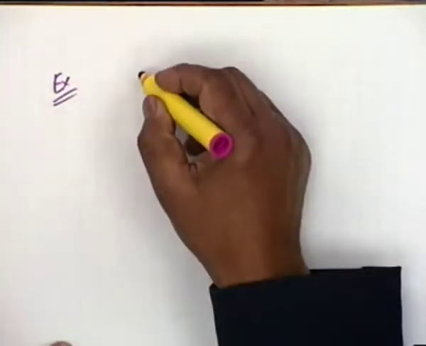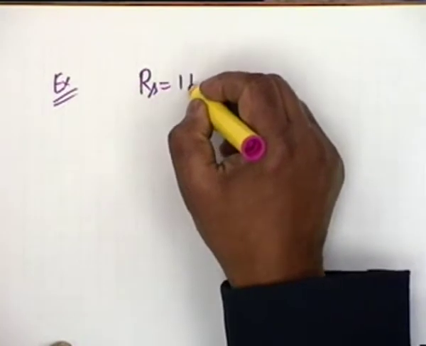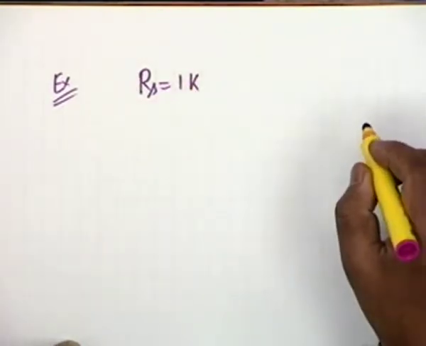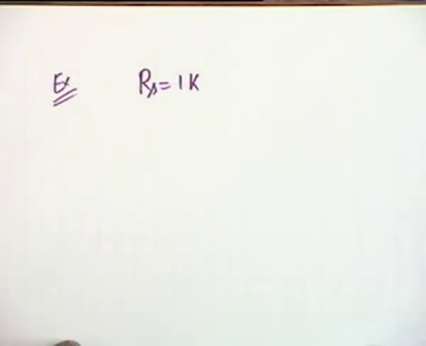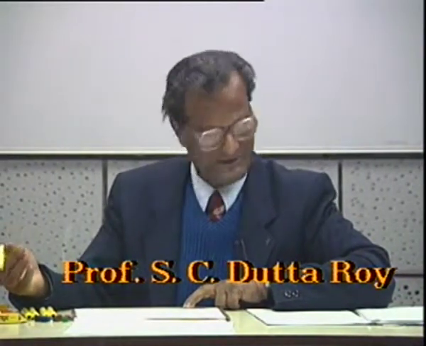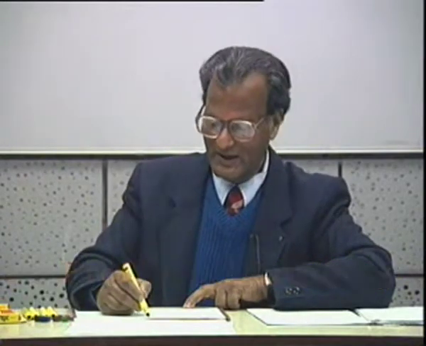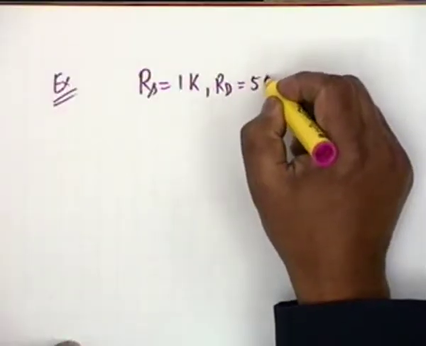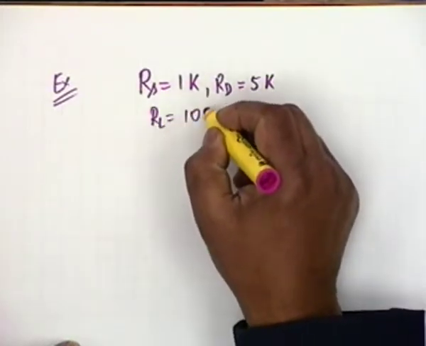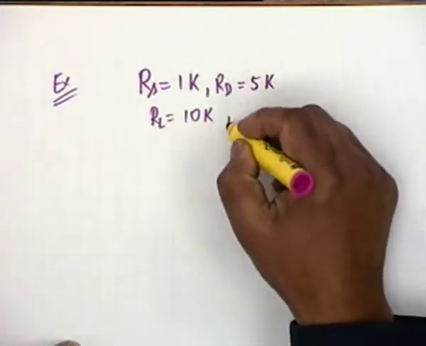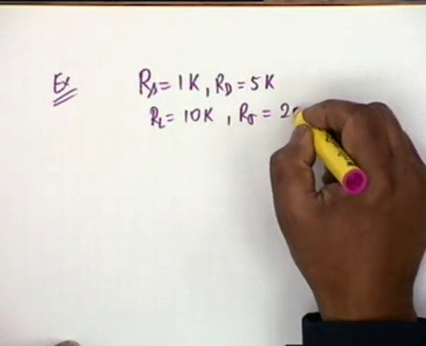In this example, we assume that Rs is equal to 1K. Rs was 600 ohms in the BJT. Why have we increased it? Because FET can take higher values of source resistance. Why? Because FET input impedance is very high. Very good. R sub D is 5K. RL, it can take larger load also, 10K. R sigma is 2K.